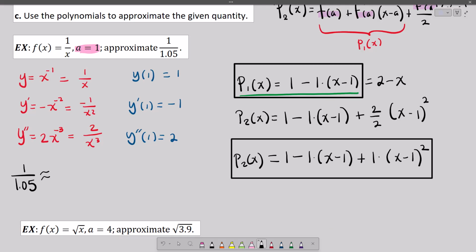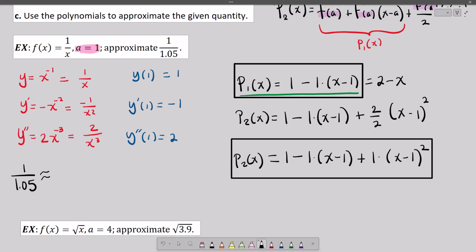So what is x in this case? X is the denominator, right? X is the denominator here. So what we're going to plug in then for this x is 1.05.